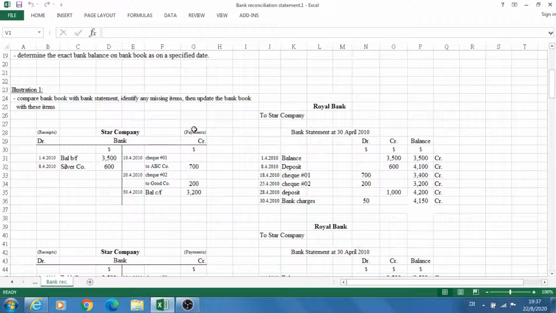Then compare the credit side of the bank book with the debit side of the bank statement. Check number 1, 700 was presented. Check number 2, 200 was presented. Bank charges 50 on bank statement was not shown on bank book.